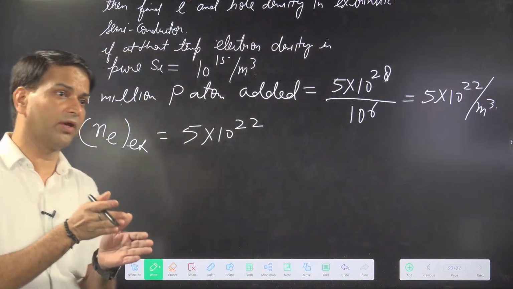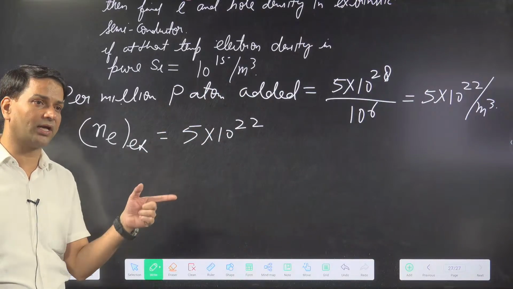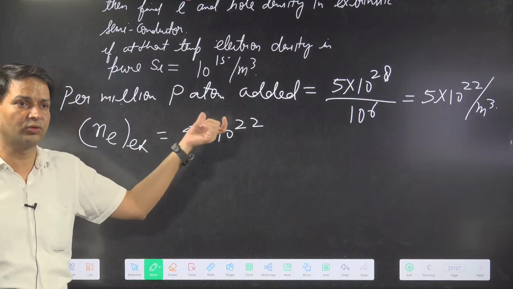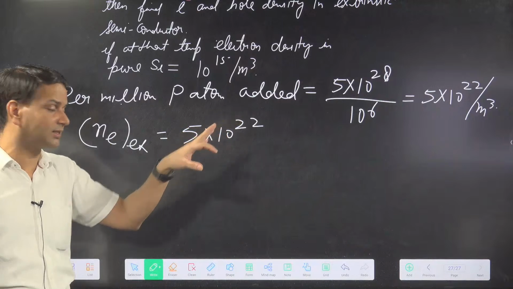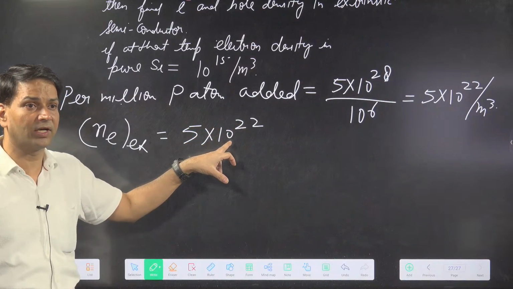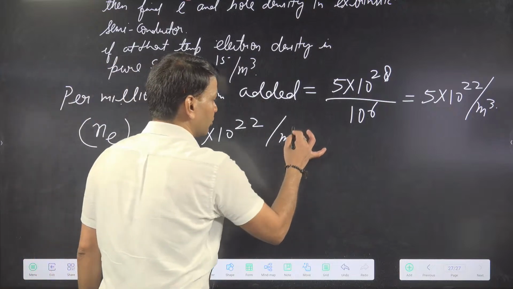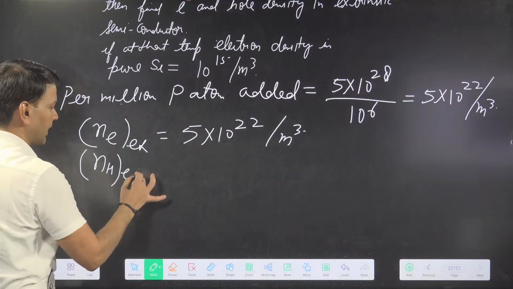If you have added trivalent, directly the hole density is equal to that. If you have added pentavalent, directly the electron density is equal to that. So the electron number density in that extrinsic semiconductor is the number of pentavalent atoms added, 5 into 10 to the power 22 per meter cube. And they are asking for the hole density now, which we don't know.